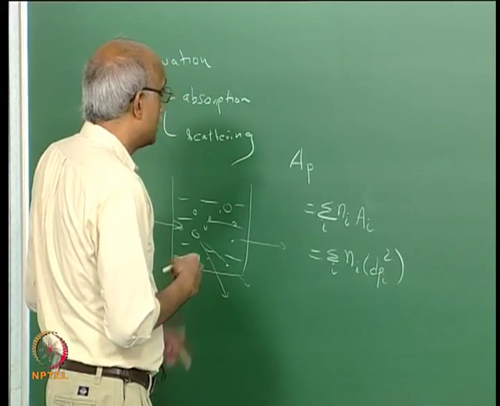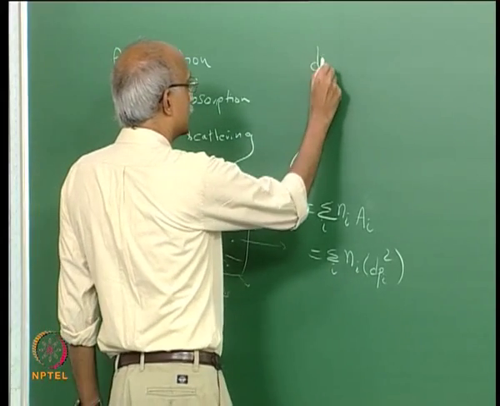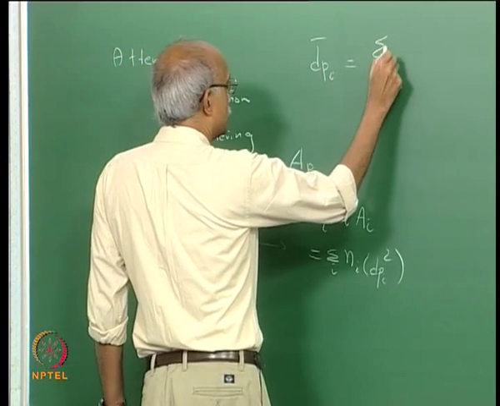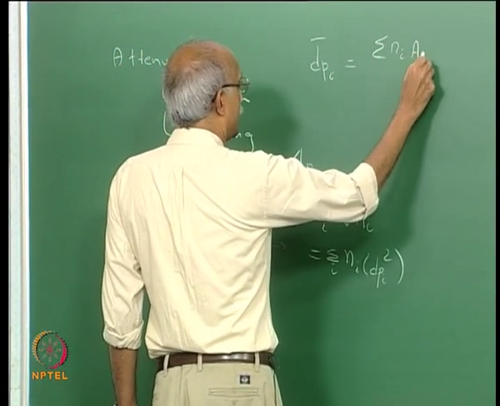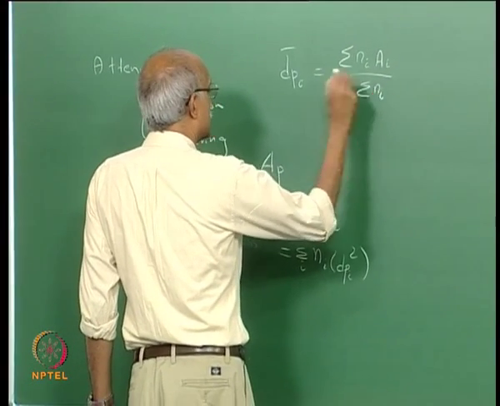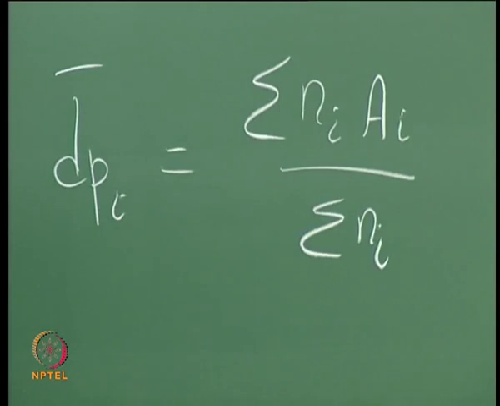You can define a d_pi bar as equal to summation N_i A_i divided by summation N_i.